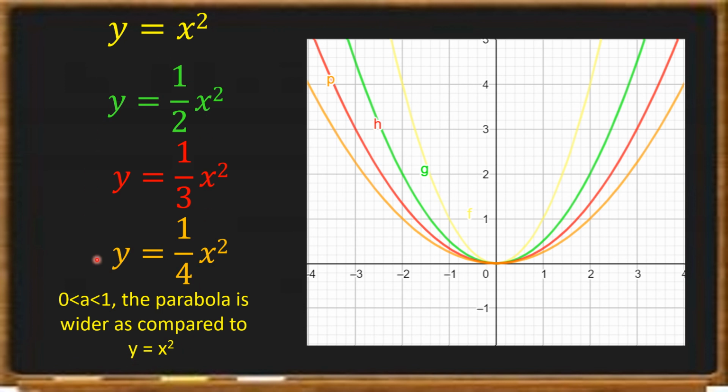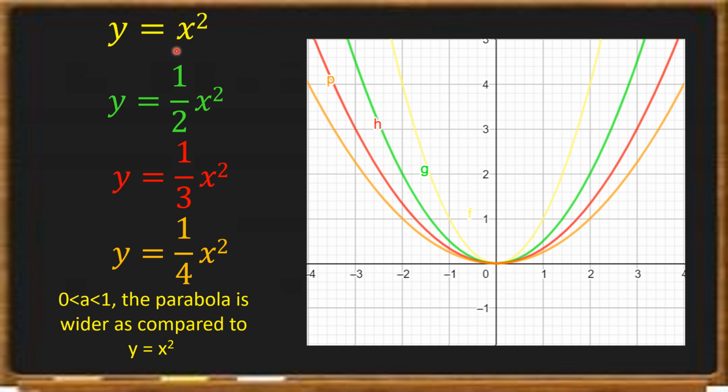Pero kung kukumpara mo sila sa bawat isa, mas mababang fraction or mas mababang value ng a na nasa gitna ng 0 tsaka 1, siya po yung pinaka or tinatawag nating widest. Mas mababa, mas wide. Okay? So, wider po siya. Mas mababa yung value ng a.